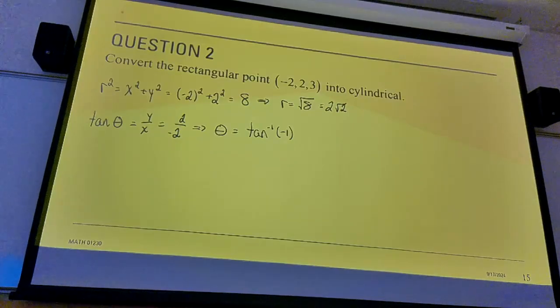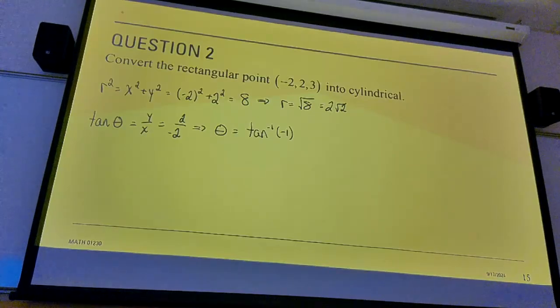I'm showing this work in case you don't get a nice angle. Like, what if that was the inverse tangent of negative 5 instead? That's not a really nice angle. So how would you get from quadrant 4, which is a negative angle, to quadrant 2, which is an angle between pi over 2 and pi?